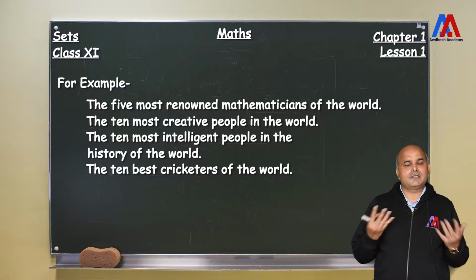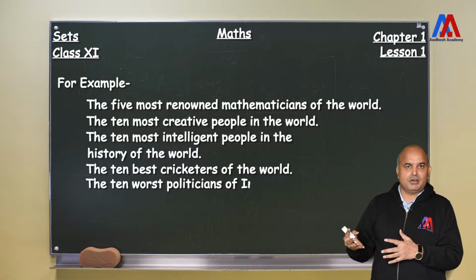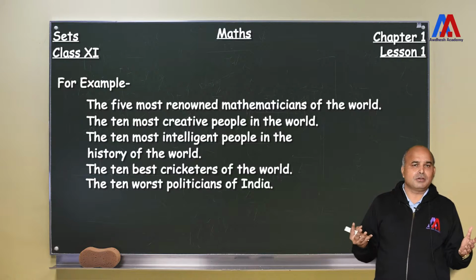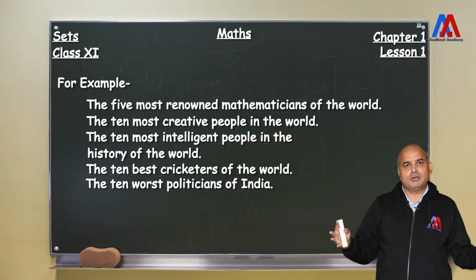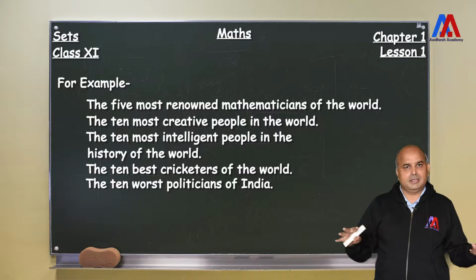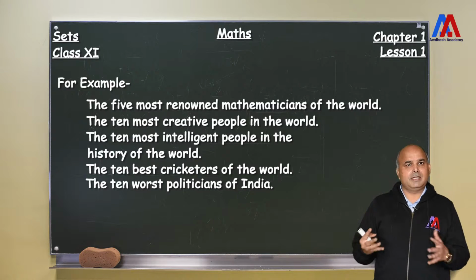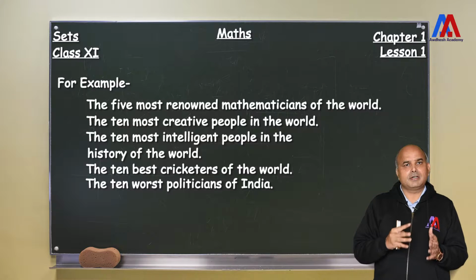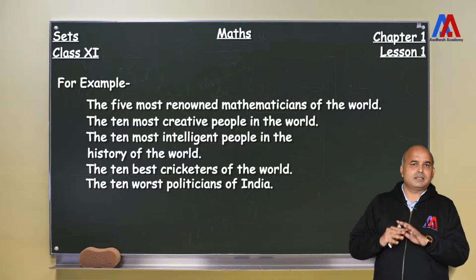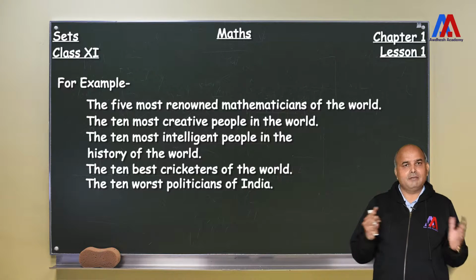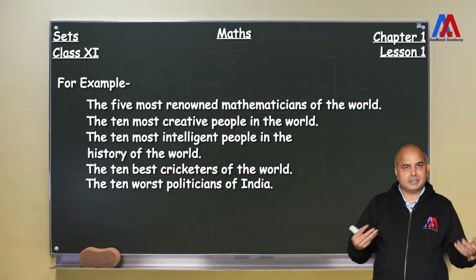In the same way, if we say 10 worst politicians of India, let us say, that also cannot be defined, because there cannot be any consensus on this. So in the same way, we can find many examples where there is subjectivity when we use words like most, best, then this cannot constitute a set, and we cannot define such things in set theory.